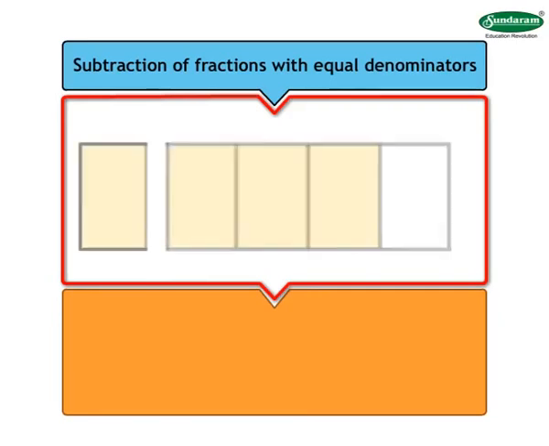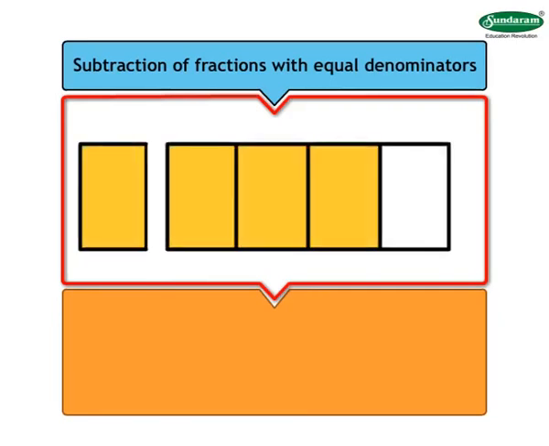Thus, there are only 3 colored parts now. Thus, subtracting 1 upon 5 from 4 upon 5, we get the fraction 3 upon 5. That is, 4 upon 5 minus 1 upon 5 is equal to 3 upon 5.